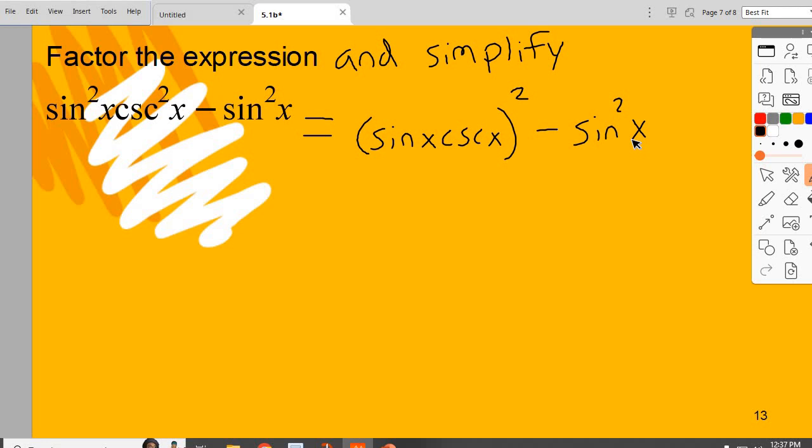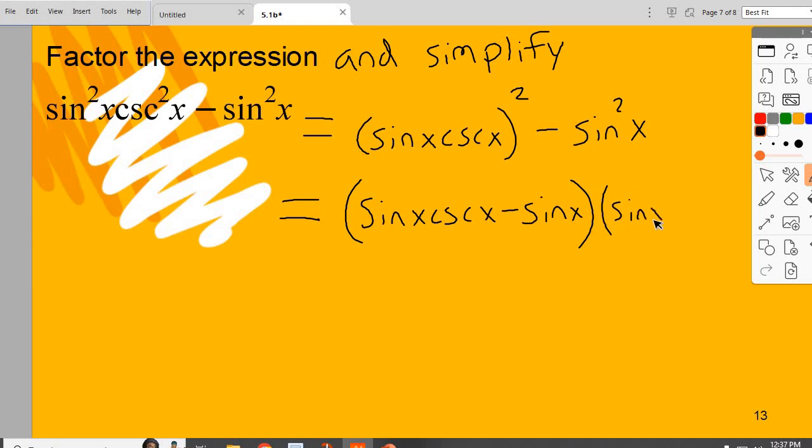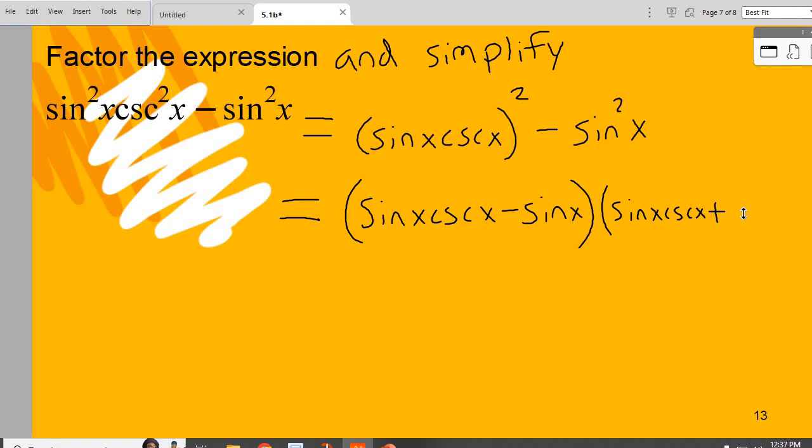Agreed? Yes? So this is going to be my A, this is going to be my B, so we would get sine of x cosecant of x minus sine of x, times sine of x cosecant of x plus sine of x. Agreed? Everybody okay with that?